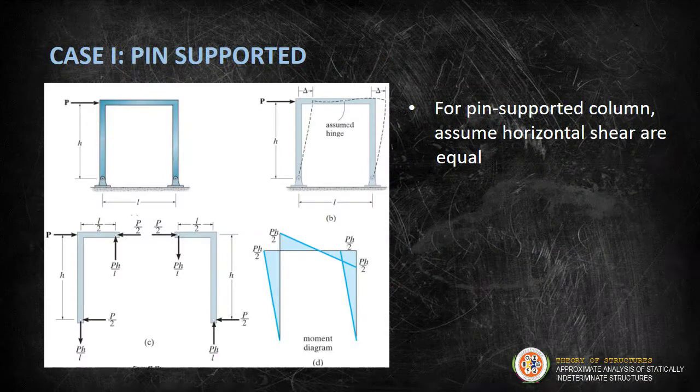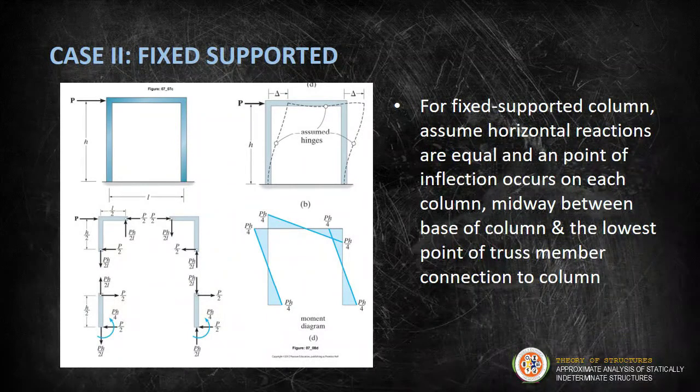For our case 1, which is a pin-supported frame, or for a pin-supported column, we assume that the horizontal shears are equal. For a fixed-supported column, we assume horizontal reactions are equal and a point of inflection occurs on each column, midway between the base of the column and the lowest point of truss member connection to the column.